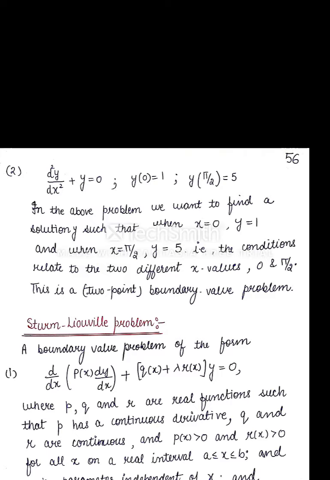First value of x is equal to 0, where y should be 1, and the second value of x is equal to pi by 2, where y should be 5, and thus it is a 2-point boundary value problem, or simply we call these types of problems boundary value problem, where the conditions with the differential equation are prescribed at two different values of x.